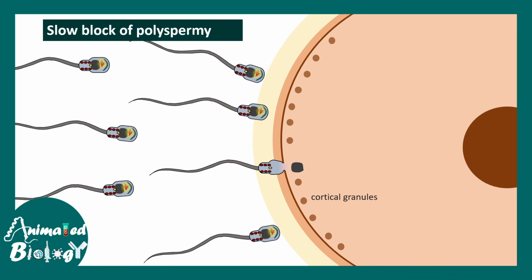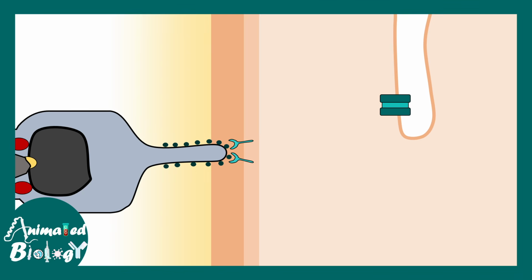These are vesicles filled with enzymes. These cortical granules fuse to the egg membrane in response to the union of sperm and the ovum. So here we zoom in, and we can see bindin has interacted with the binding receptor, which triggers tyrosine kinase.